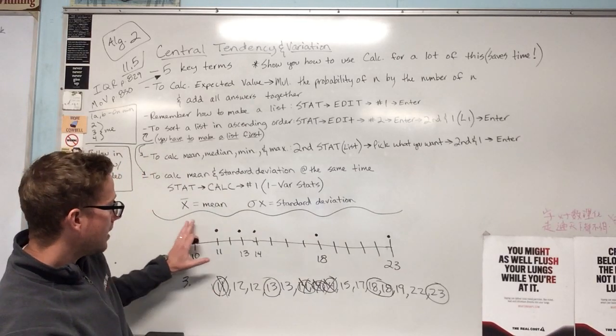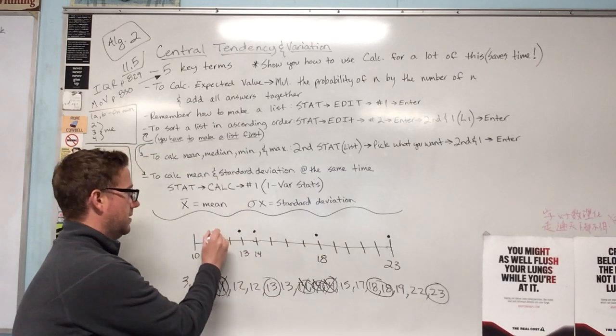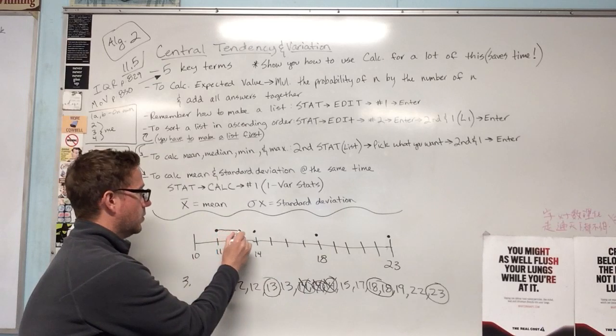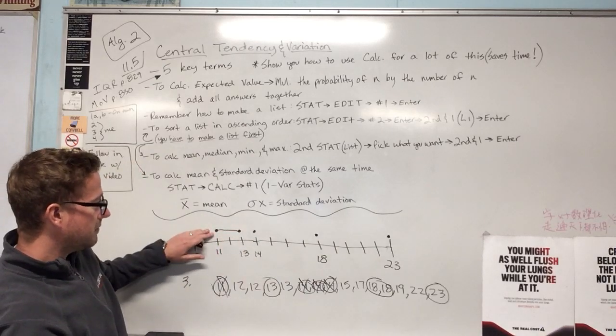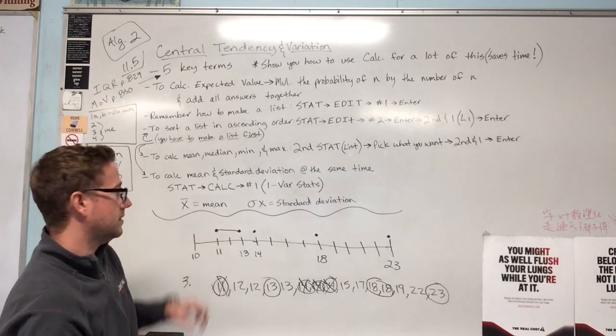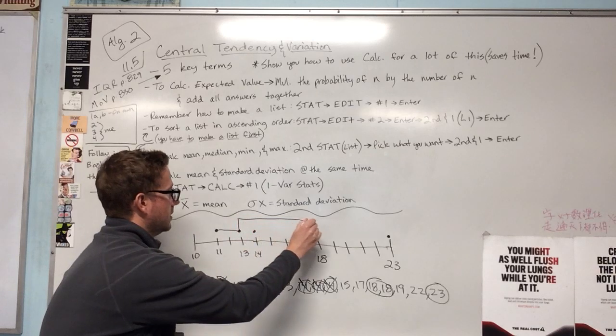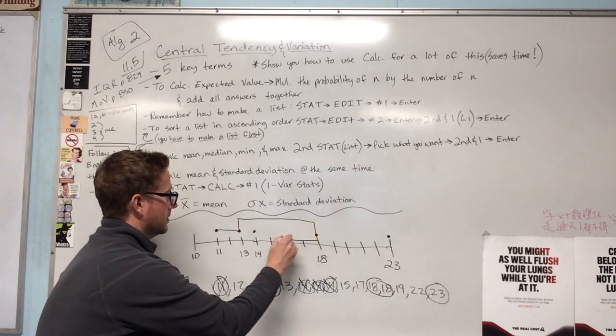All right? Now what we're going to start to do is create the box and the whiskers. This is one of the whiskers. The minimum value connected to the lower quartile. That is a whisker. Now we're creating the box.